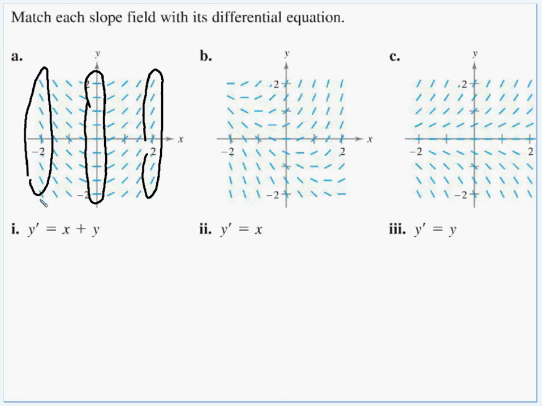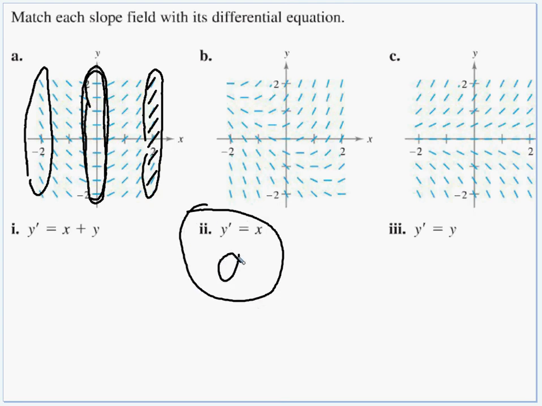They're all the same. When I get to the y-axis, my x-coordinate is 0. All the line segments are horizontal, slope 0. Over here at +2, all my little line segments are sloped up nice and steep, looks like a slope of 2. So here it looks like my slope is equal to my x-coordinate. So it looks like this one is matched up with A.